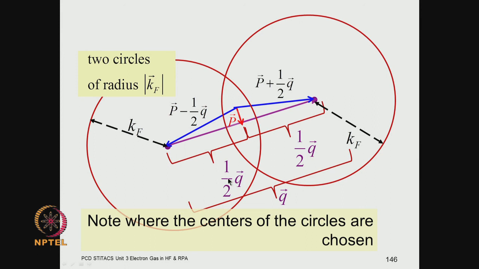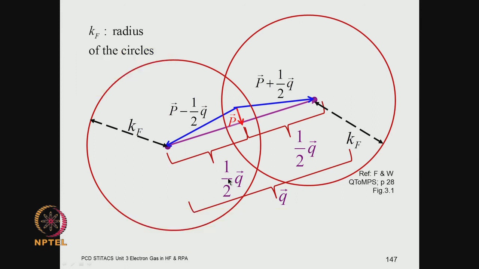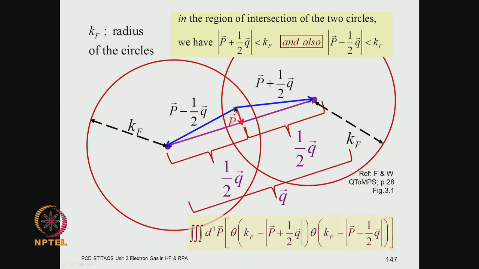Essentially, if you look at the region of intersection of these two circles, you have this condition satisfied, that P plus half q is less than kF and P minus half q is also less than kF. So, carrying out this integration, this is the integral that we have to determine.